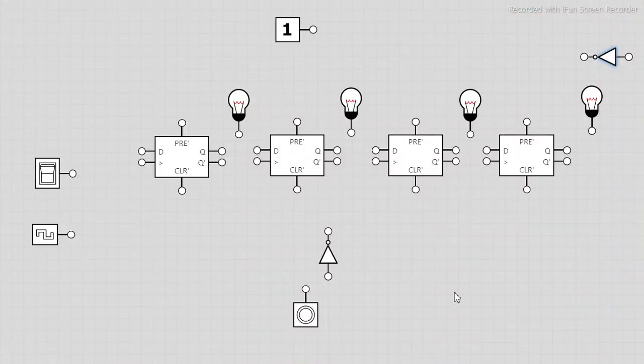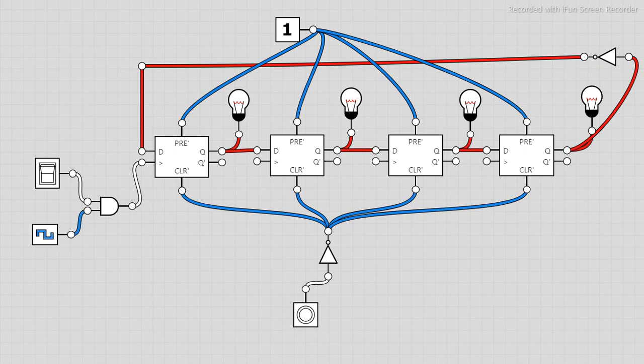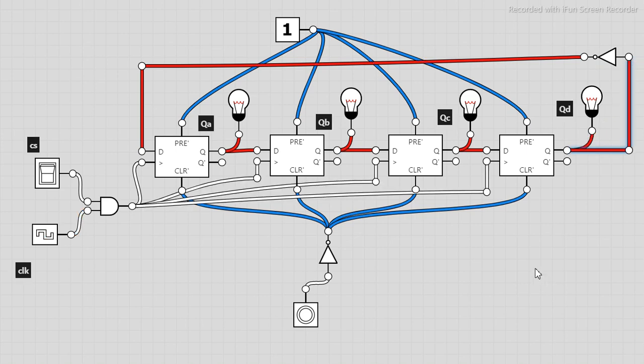This is a circuit diagram for the Johnson counter. 1 input and 4 outputs. It can be connected.